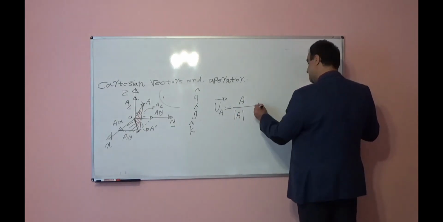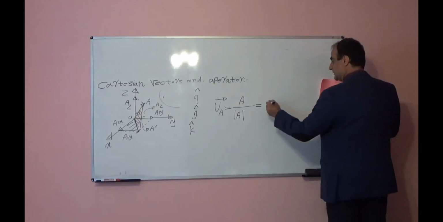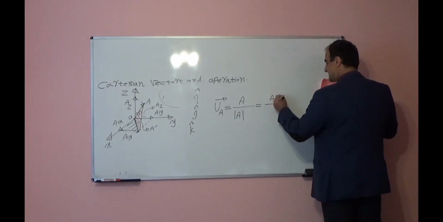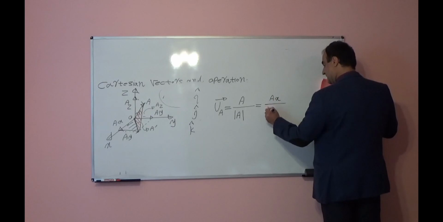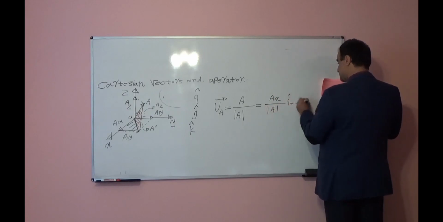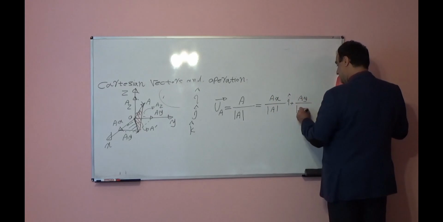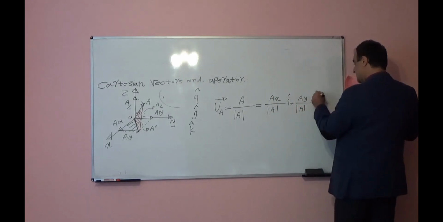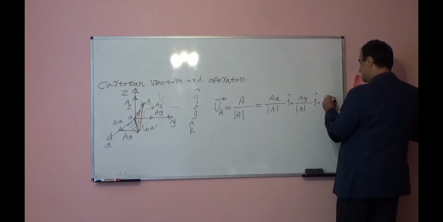It means this will be equal to Ax divided by A i plus Ay divided by A j plus Az divided by the length of vector A k.